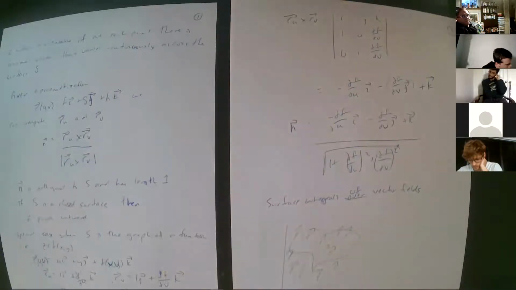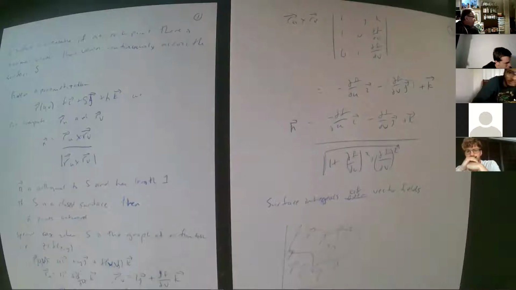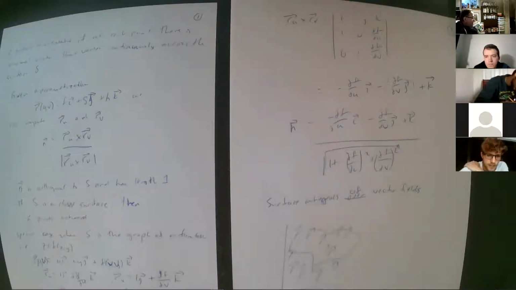And I want to know how much of the field is passing through my surface. To do that, I'm going to need a direction that tells me what through is, correct? I'm going to need a direction vector. What is my direction vector here? The normal one to my surface.